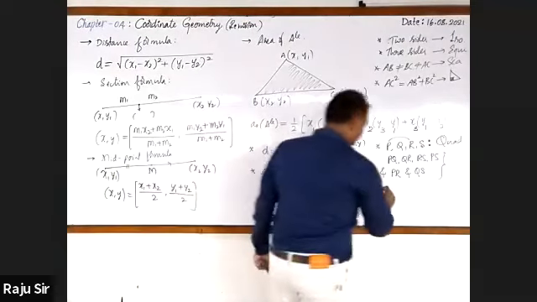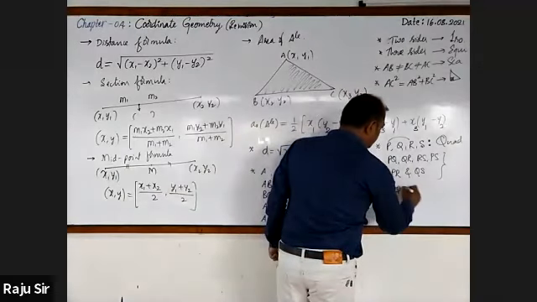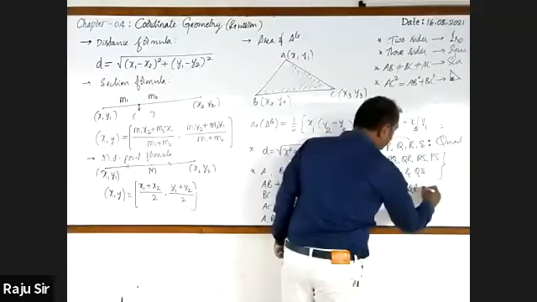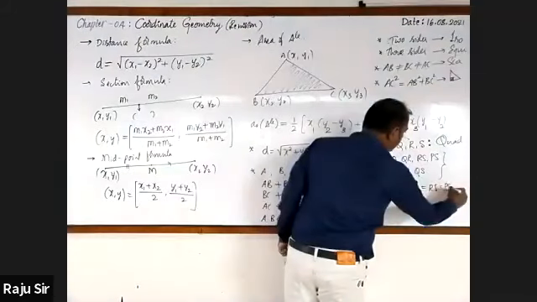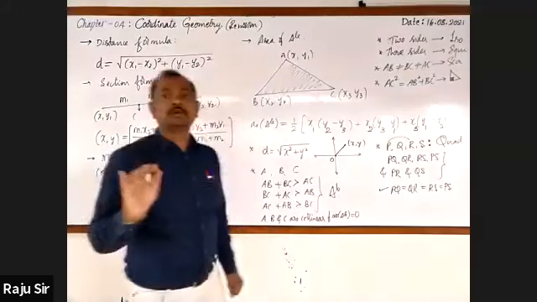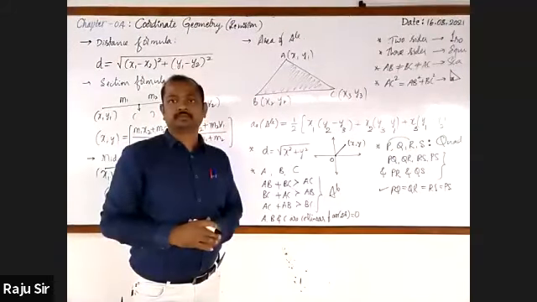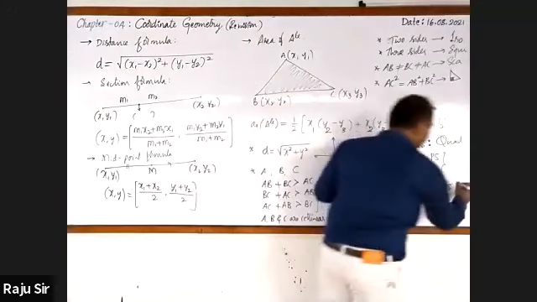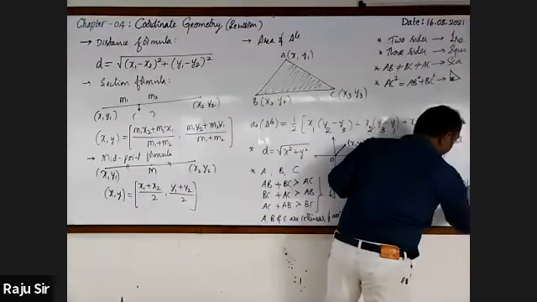Suppose PQ equal to QR equal to RS equal to PS, only the side conditions. It is a rhombus.